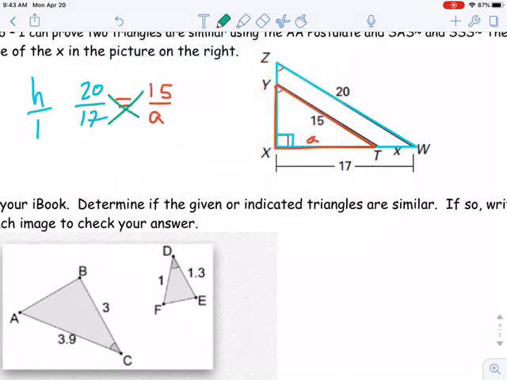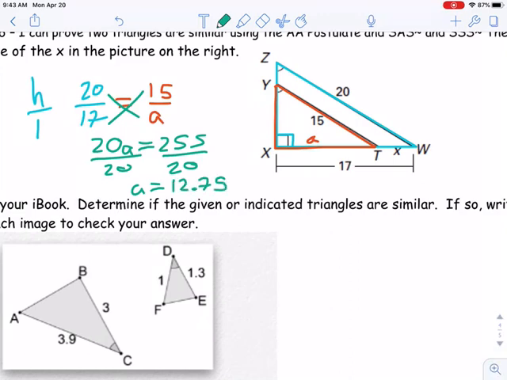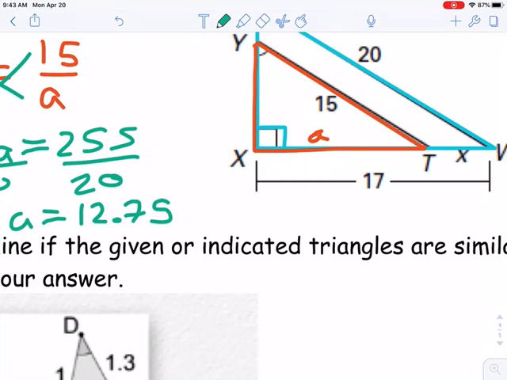So if I can set up this proportion, I'm in good shape. I'm going to cross multiply. What's 17 times 15? I don't really know. Oh, it's 255, of course. Divide both sides by 20. A equals 12.75. So I quickly found that this is 12.75.